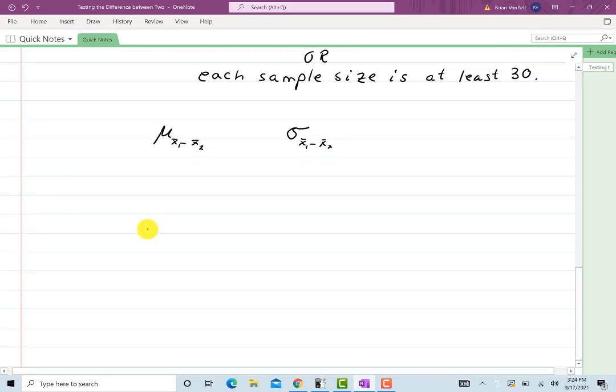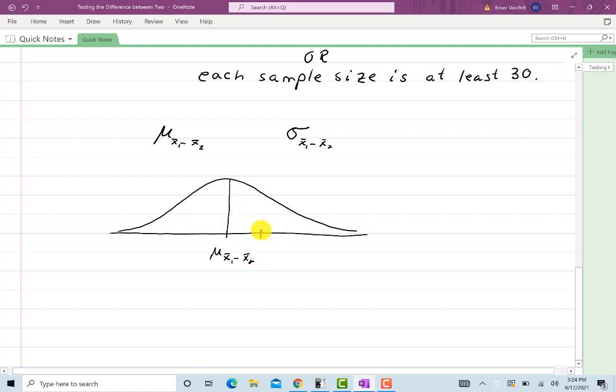This will come under the normal table. You'll use the normal table for our tests here. The mean is this mu of x1 bar minus x2 bar. That's all subscripted. And then one standard deviation away, let's call this one standard deviation or one error level. This distance between that one standard deviation and the mean, that is our sigma of x1 bar minus x2 bar.